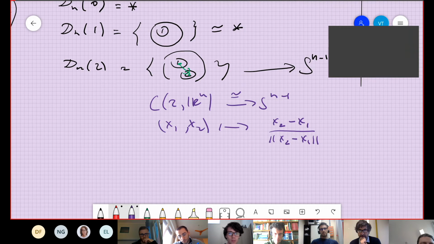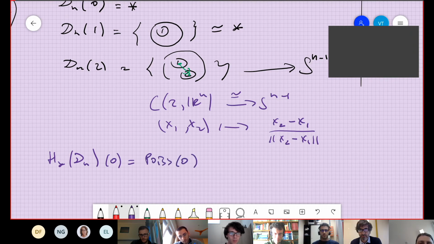Just before that, we saw that the homology of Dn in degree 0 is just the same as POS of 0, right? We have a bracket of degree n-1 here. Actually, let me use integers. We deal with the homology, so I'll be just using integers.